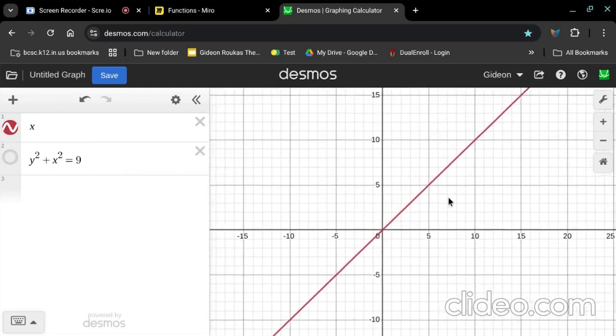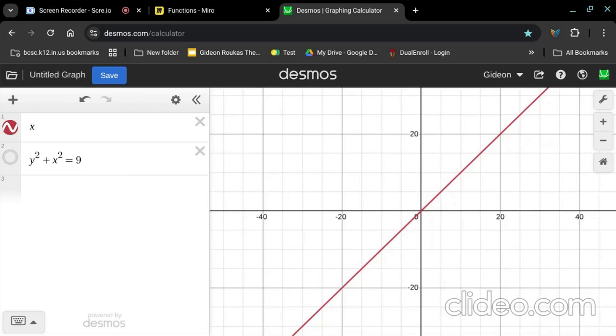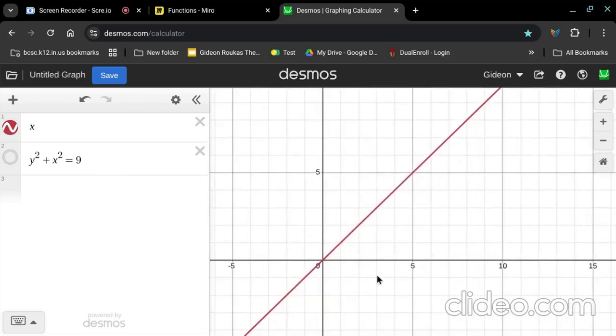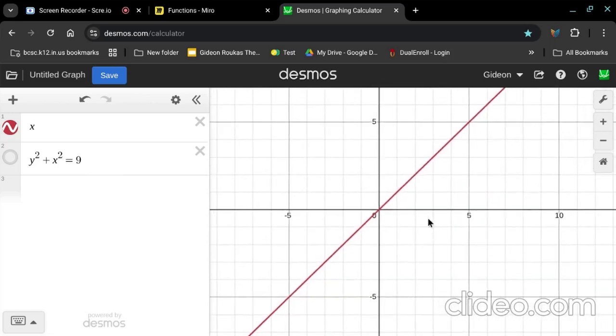If you were given bounds, let's say from -5 to 5, you want to first look if there are any overlapping points. Say this curve came back and was over here, and you could draw a vertical line between those two points, and it touches more than one point on the line, then that means it's not a function.